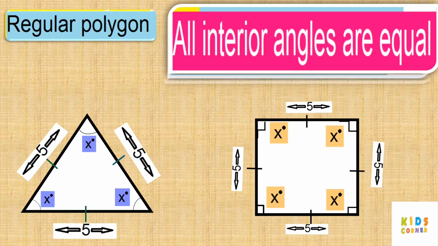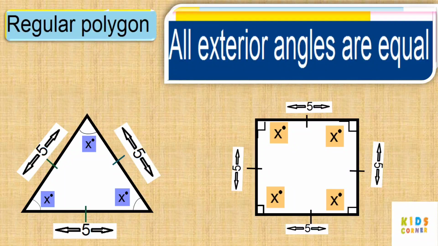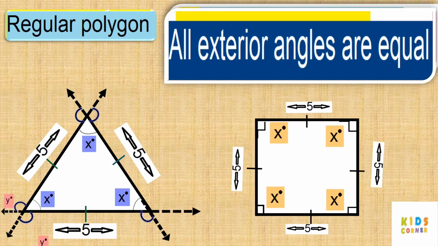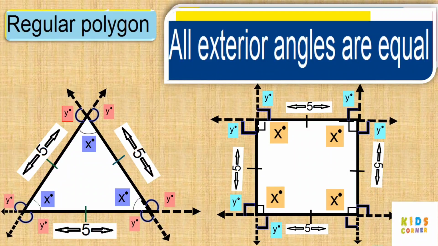Say if any one angle is x degrees, then all the remaining interior angles will be x degrees. All exterior angles are equal. Again, it means that all the exterior angles are of the same measure. Say if any one of the exterior angles is y degrees, then all the remaining exterior angles of the given polygon will be y degrees.